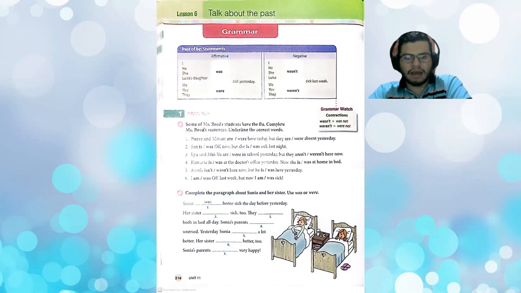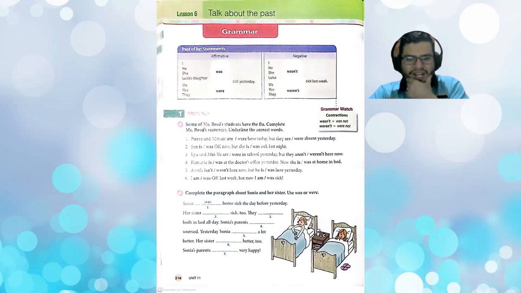Complete the paragraph about Sonia and her sister. Use was or were. For example, Sonia was homesick the day before yesterday. Her sister was sick too. Was. They were, it's the same, they were both in bed all day.